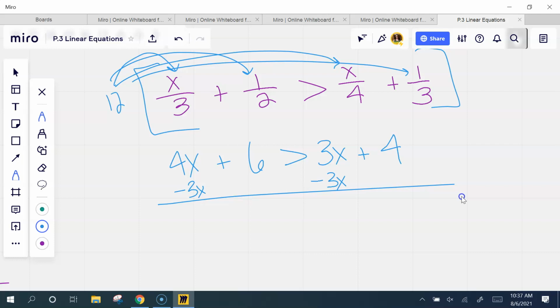No, I already did that. Okay. That is correct. So only when you multiply or divide by a negative number does the sign actually change.